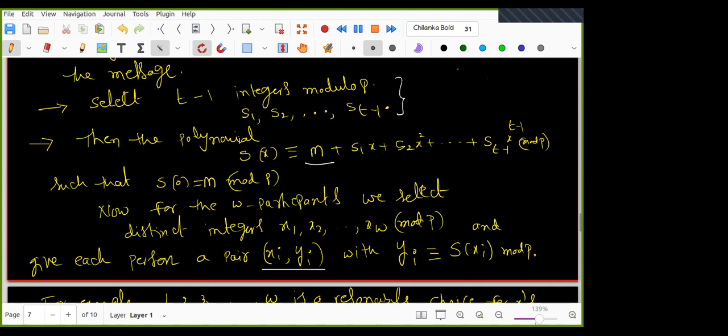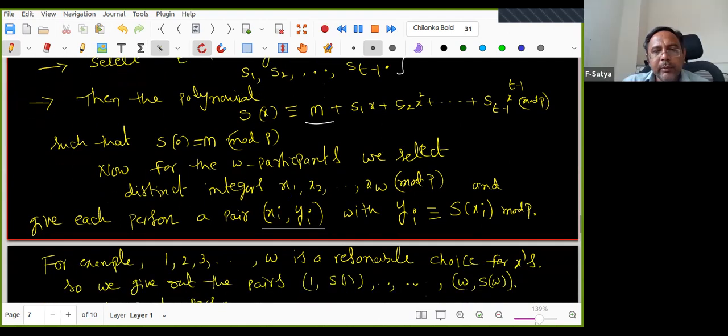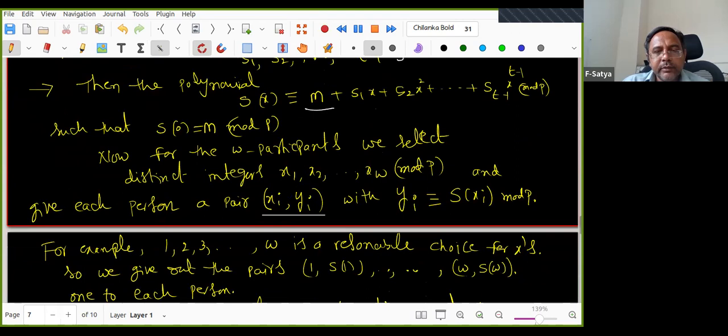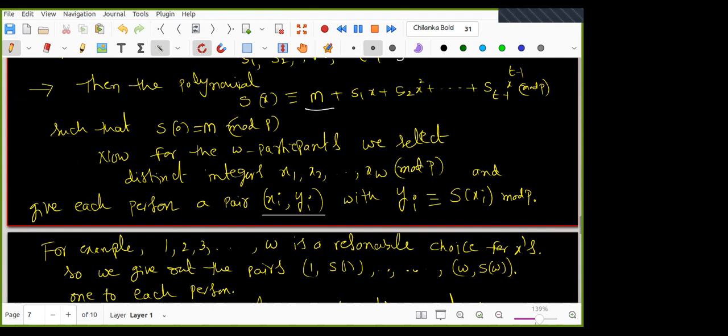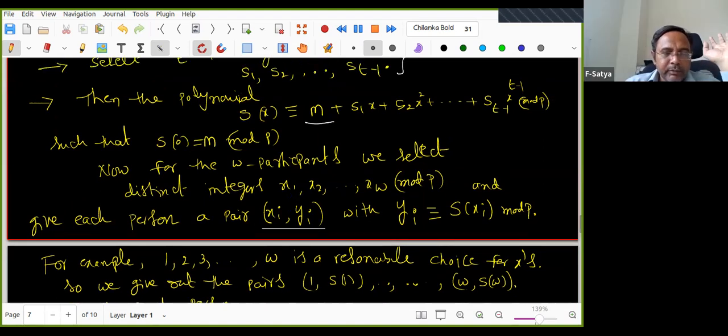Yes, sir. Okay. Now what do we give to the W participants? What did the dealer give to the participants? Only xi and yi. He has not given M. He has not given even the polynomial. He kept them with him.